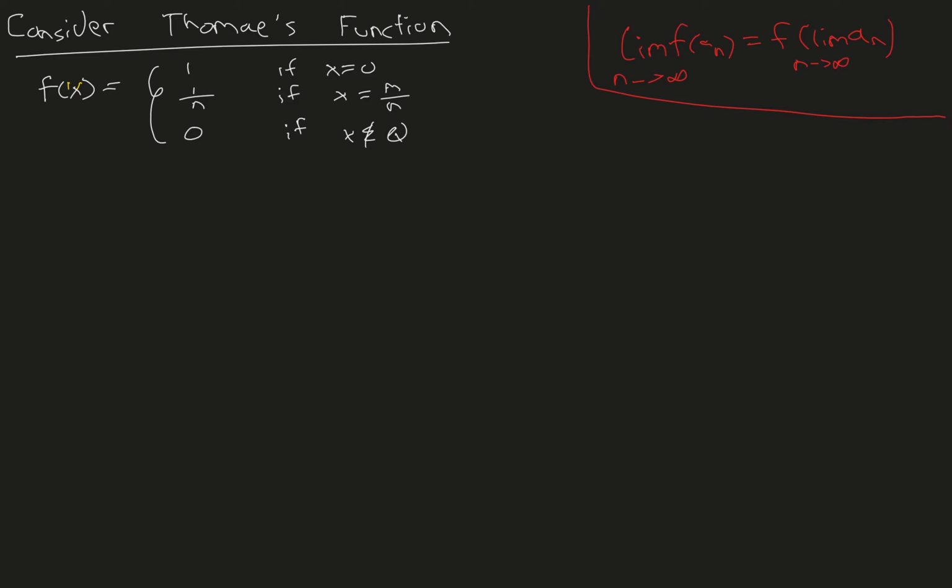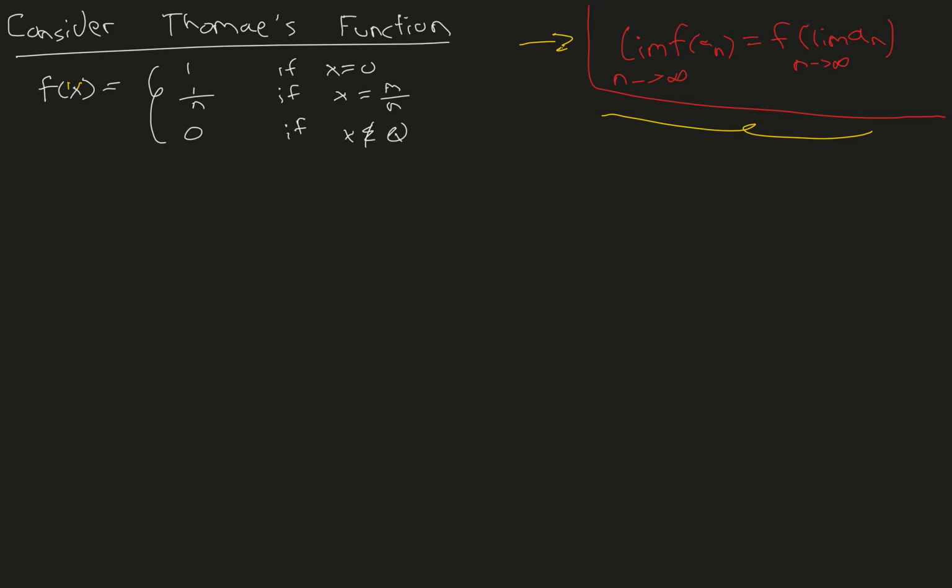So let's try to use this statement to show that this function has a weird property: it is discontinuous at every rational point and continuous at every irrational point. So let's apply the statement we learned before to this function.